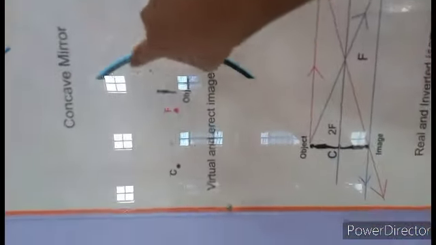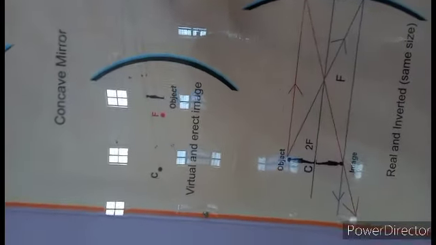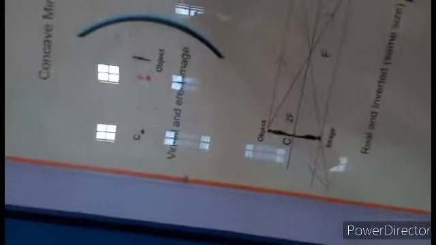This is the concave mirror. So here I'm the object, and because of these imaginary lines, I get this image. Then this image becomes like the mirror part of me.